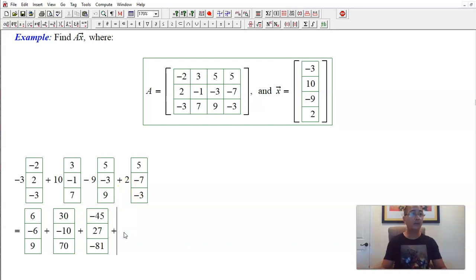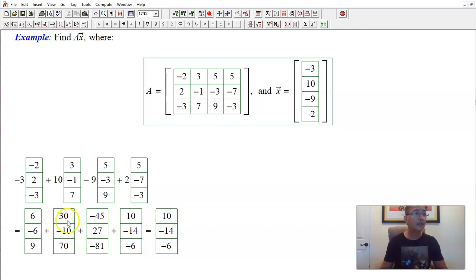Finally, we will multiply the last column by 2. We get 10, minus 14, and minus 6. I hope that's correct. So we add it all together, and let me make a copy of this. 40 minus 45, negative 5 plus 6, I believe that's positive 1.